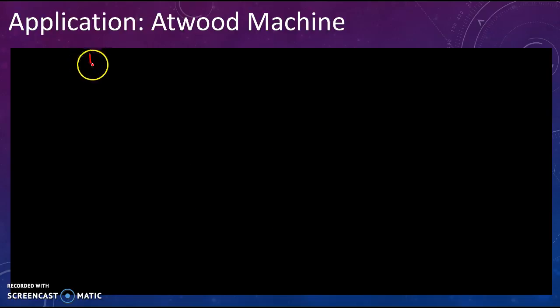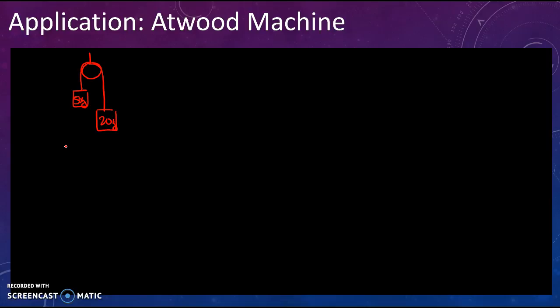What I just showed you is called an Atwood machine. An Atwood machine has our pulley, and then it has two blocks going around this pulley. Let's put some numbers here. So maybe this block would be 50 kilograms, and this block is 20 kilograms. We know just from looking at this that it's going to accelerate downward this way.